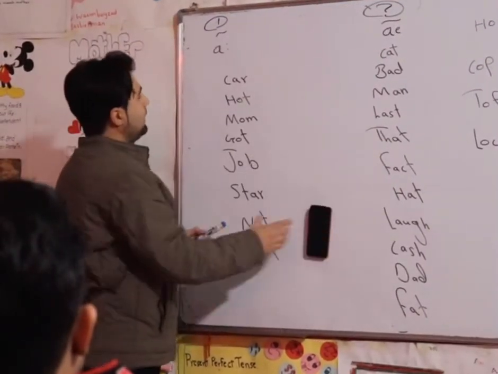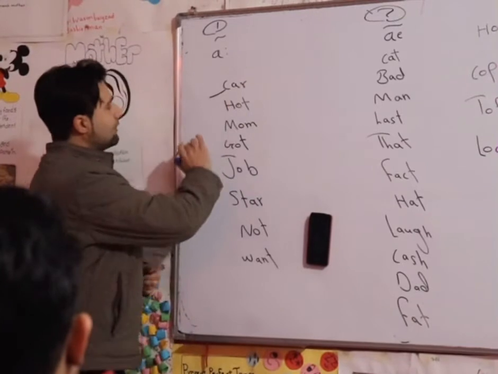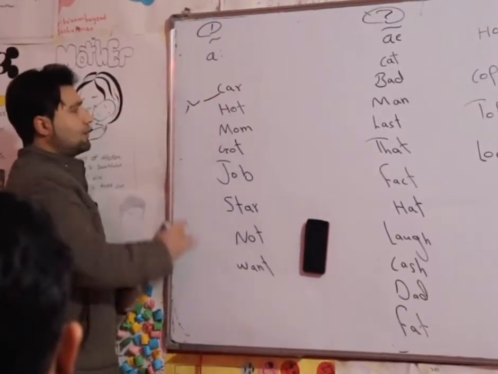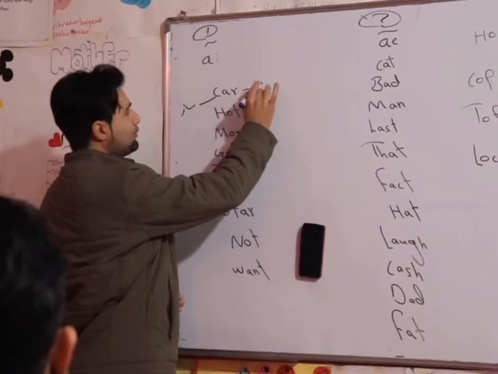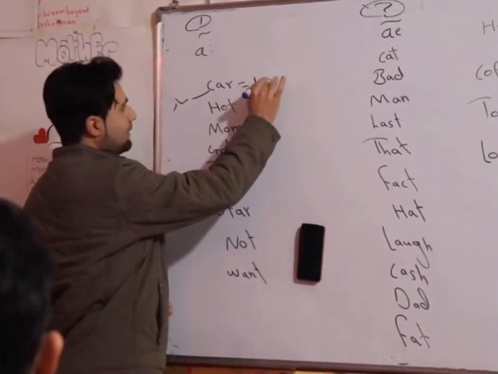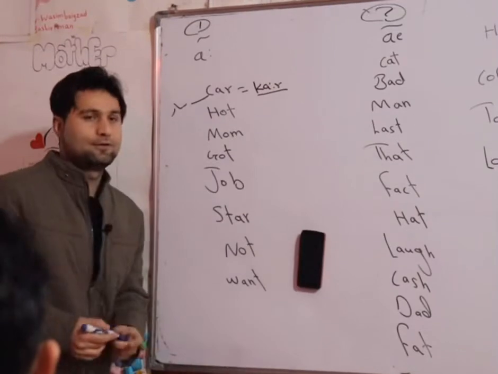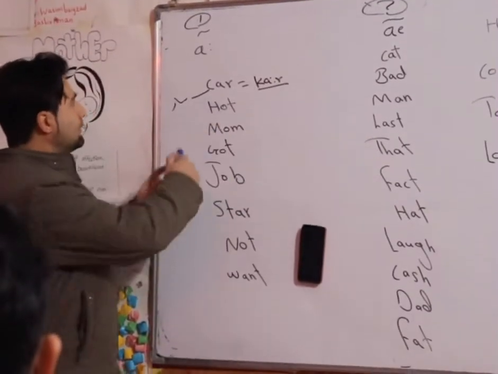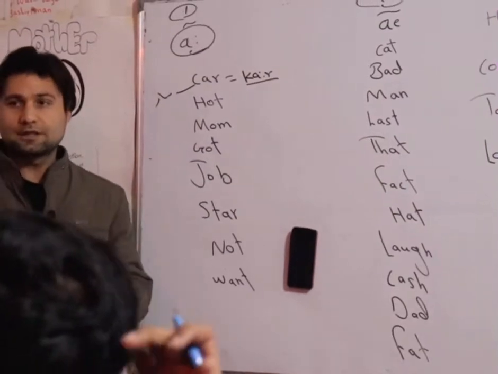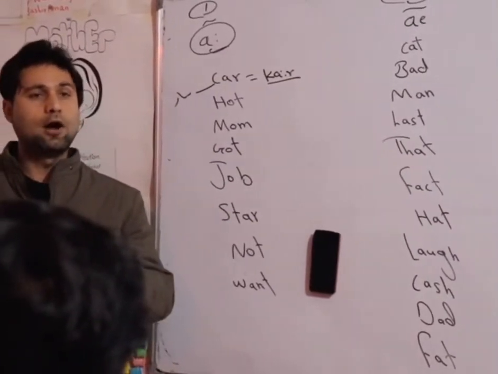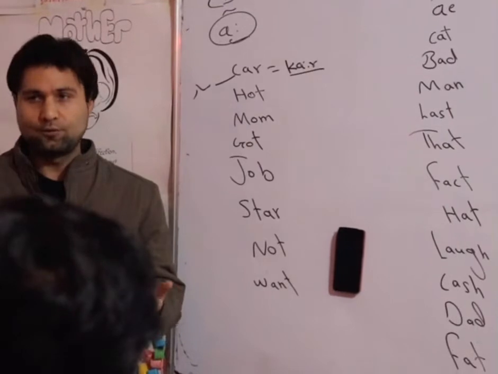If we see the formation of the word, it's like "sar", but phonetics says for us that we should pronounce this word like this: car. So this mark with one colon represents the sound of ah.